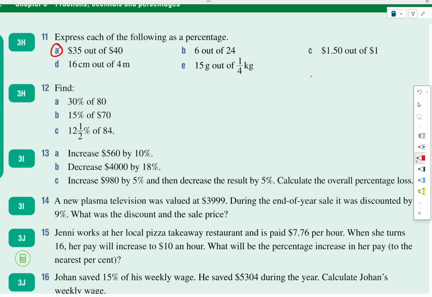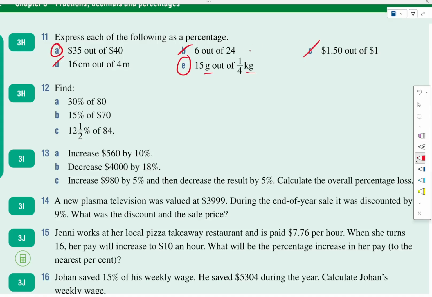25%. Yep, 25%. C. 150%. Okay. D. 400%. Okay, nice. E. 600%. Not quite. Units are different. Wait, how many grams are in it? 100. 1 kilogram is 1,000.